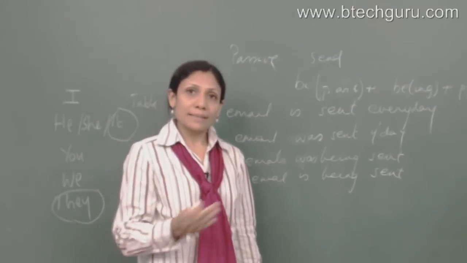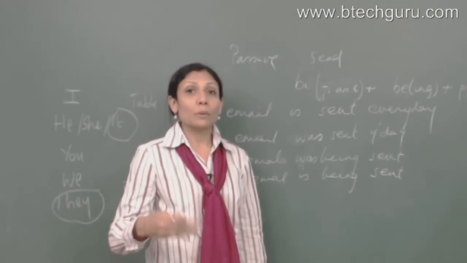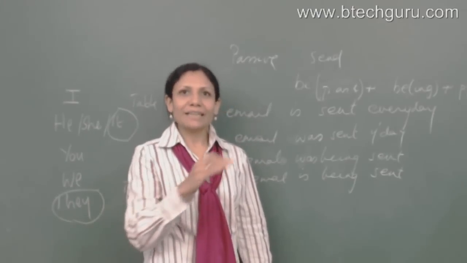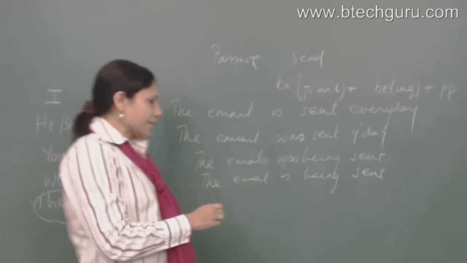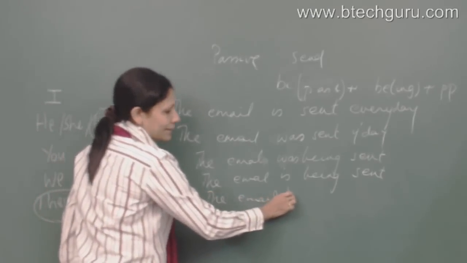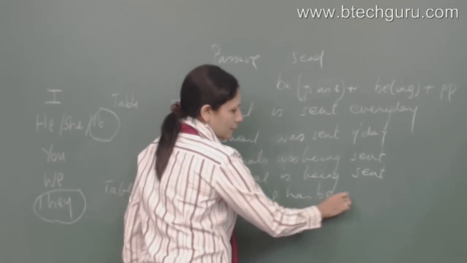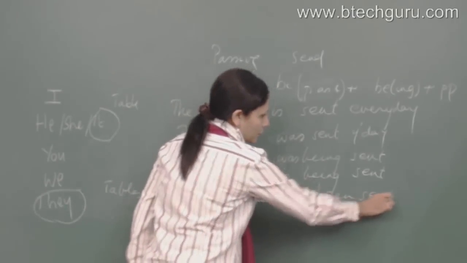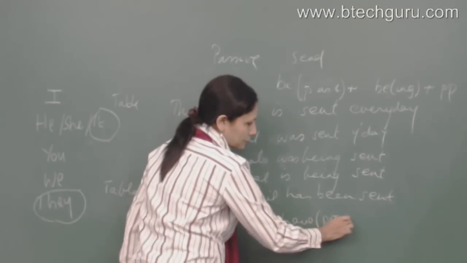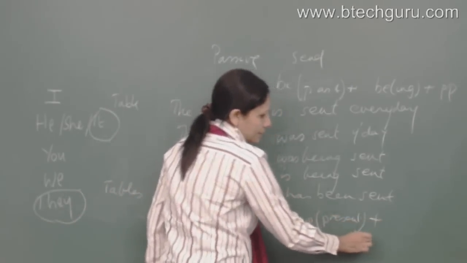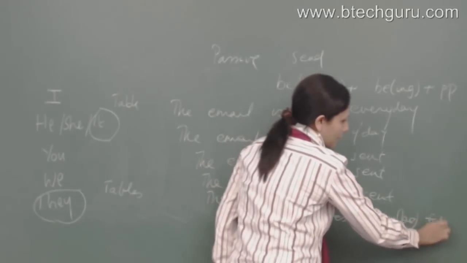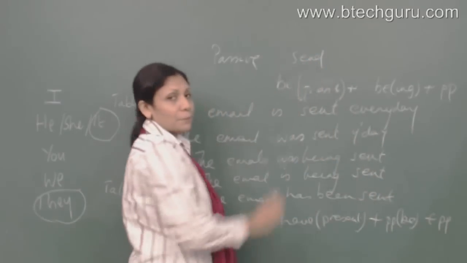One, and this is the last angle to passive, is again we want to look at if the action has just been completed, again in the passive voice, and that was the email has been sent. Now for this, remember, we use the have verb in the present plus the past participle of the be verb plus the past participle of the verb sent.